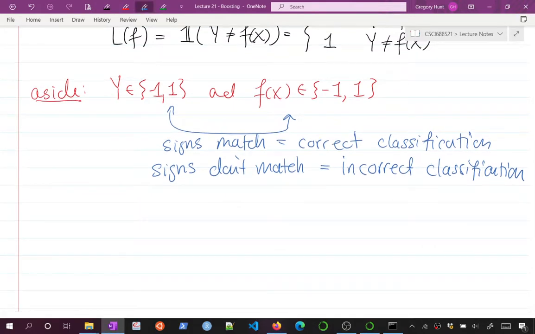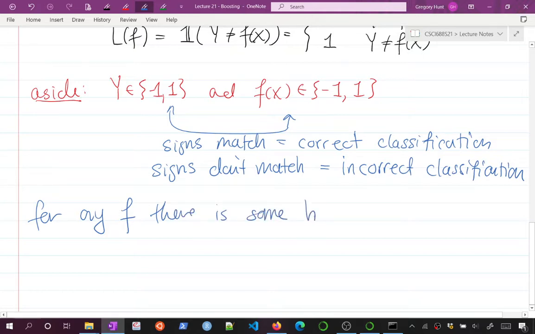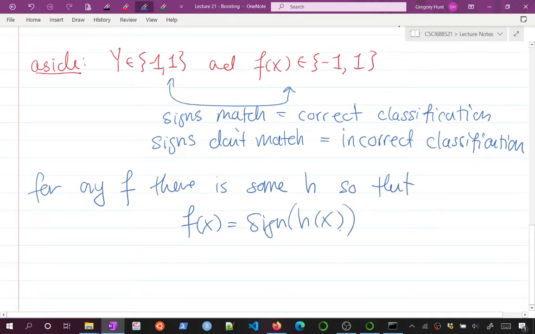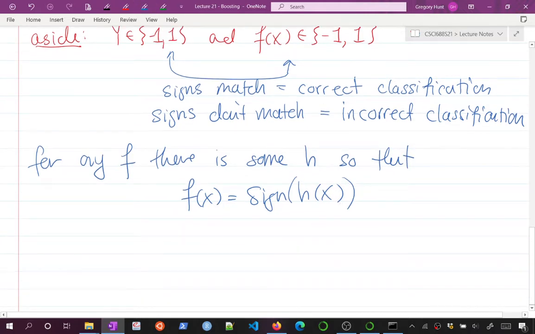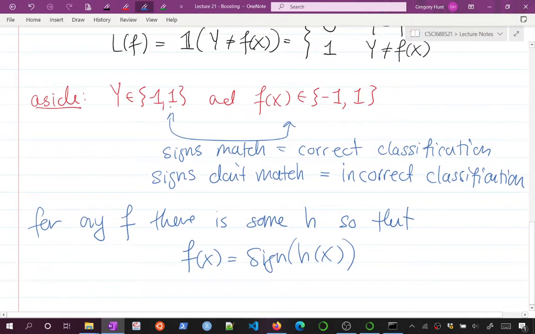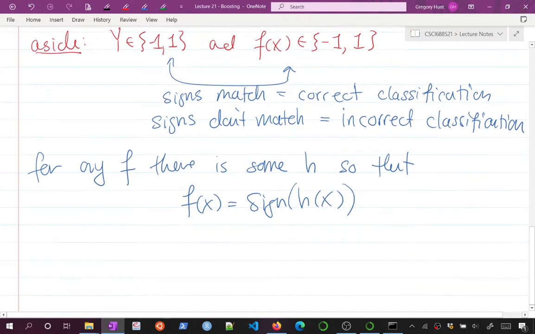So more generally, for any possible classifier f, there is some function h so that f of x is just the sign of h of x. And this is often how you will see a classifier written when you use this negative 1, 1 encoding: as the sign of some function.